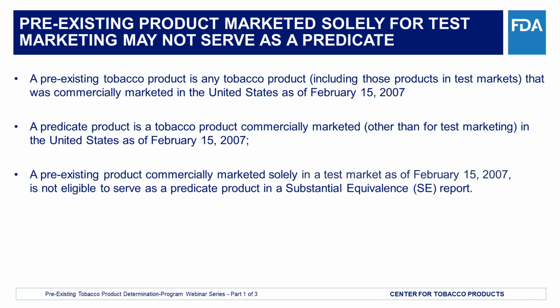Any product solely in a test market as of February 15, 2007, despite being a pre-existing tobacco product, cannot serve as a predicate tobacco product in a substantial equivalence report. Therefore, even if a product is determined to be pre-existing, it cannot serve as a predicate product if it was marketed exclusively for test marketing as of February 15, 2007.